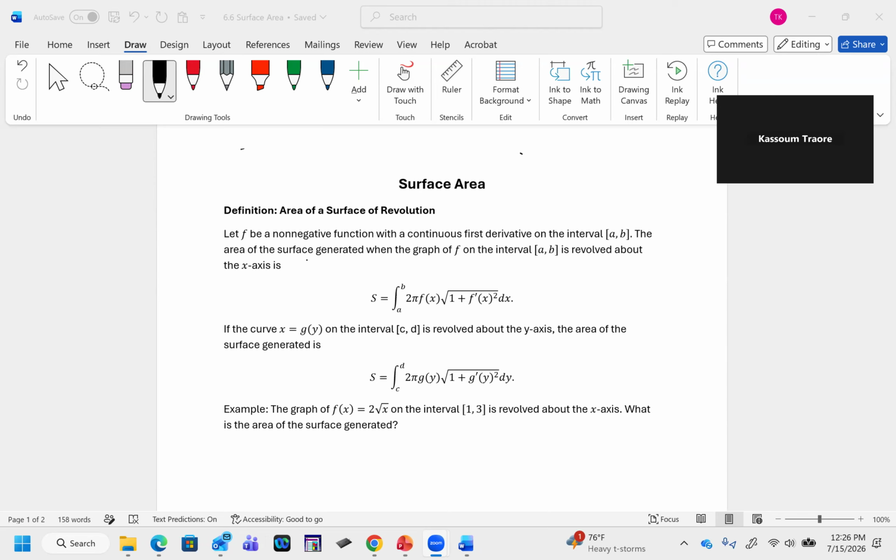So the graph of f of x equals 2 square root of x on the interval 1 to 3 is revolved about the x-axis. What is the surface area generated? So about the x-axis, right?